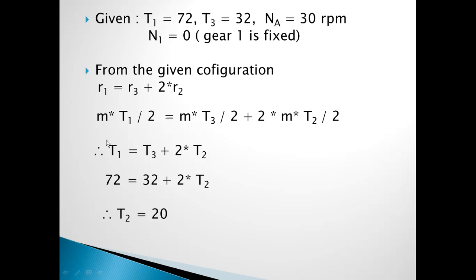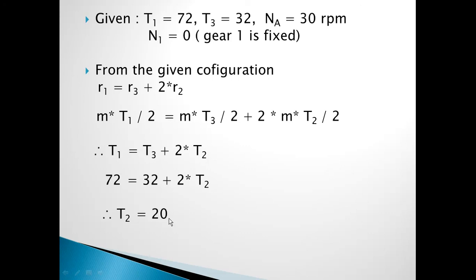As m by 2 is common on both sides, it gets cancelled. What remains is t1 equal to t3 plus 2 times t2, where t1 and t3 are given in the problem statement. From that I find t2 equal to 20. So the number of teeth on gear 2 is 20.